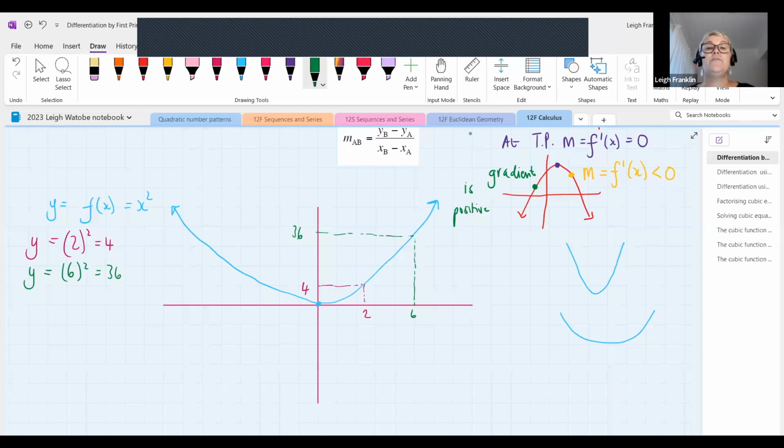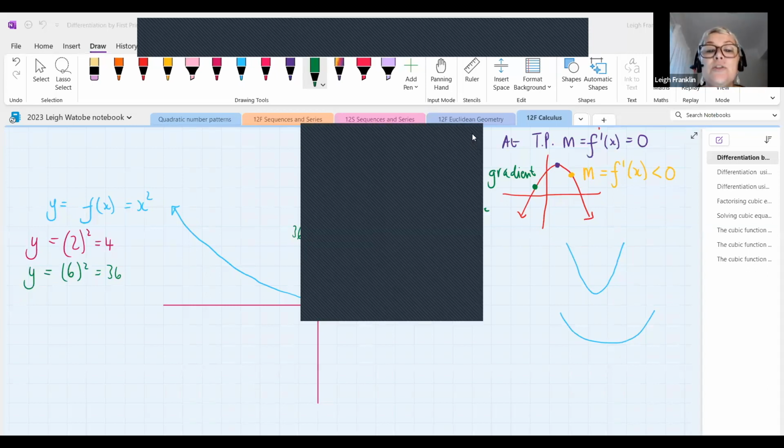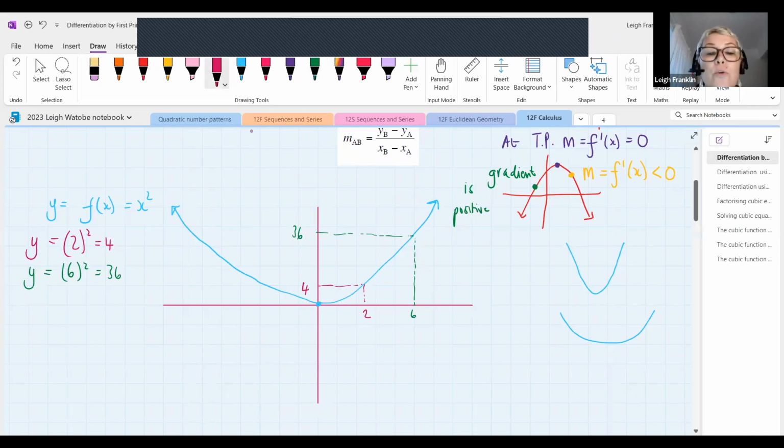If I want to find the average gradient between these 2 points, in other words this point over here, where x is 2 and y is 4, and this point over here, where x is 6 and y is 36, it's like me connecting those 2 points with a straight line.